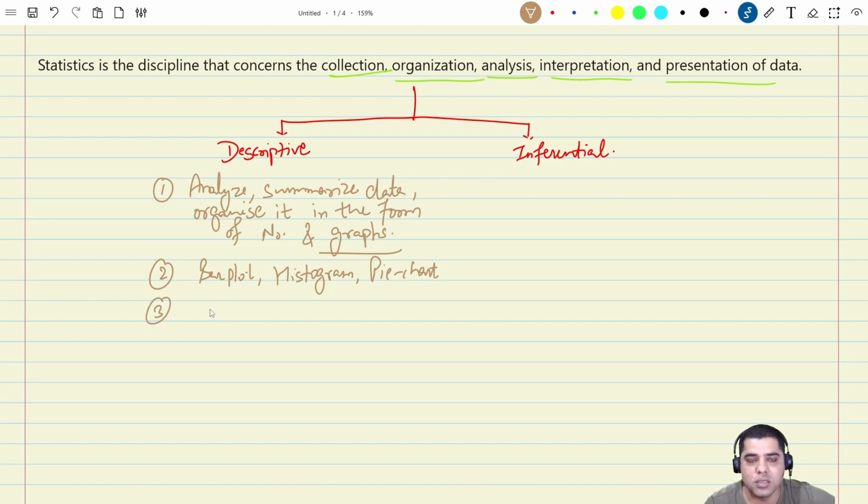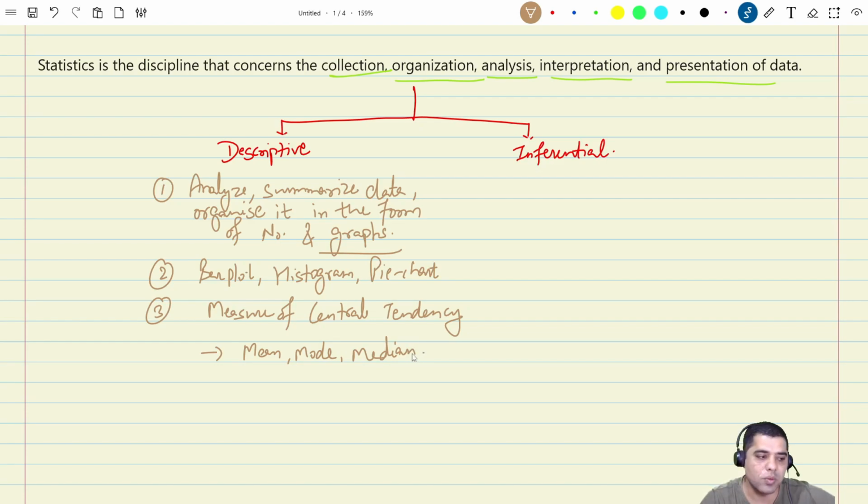Now the third property we look at is the measure of central tendency, which we check through mean, mode, and median. We will talk about these terms in our upcoming videos.